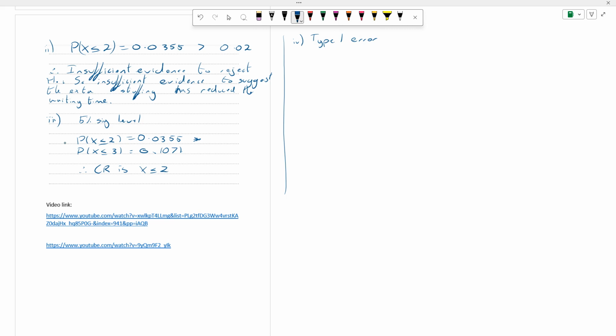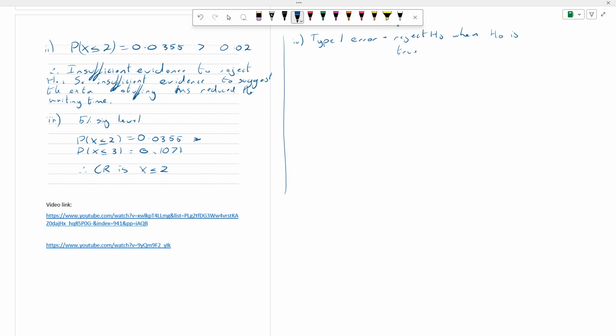A type 1 error is when we reject H0 when in fact it was true. So it's a false positive. We rejected it when we shouldn't have in the first place.